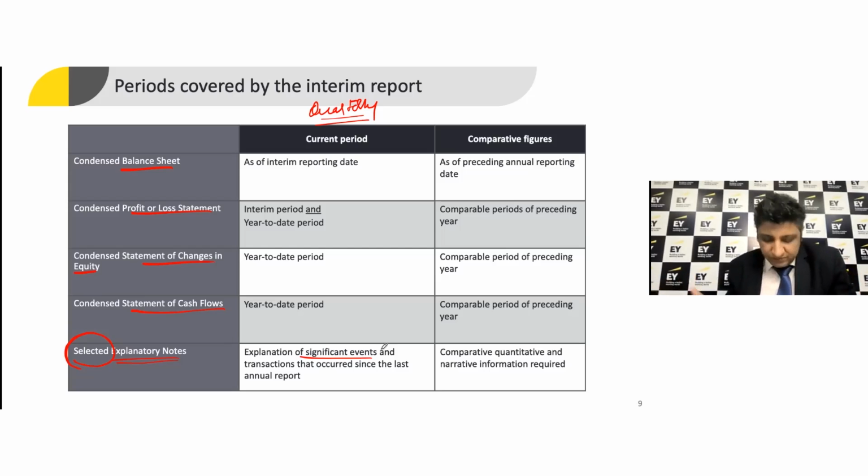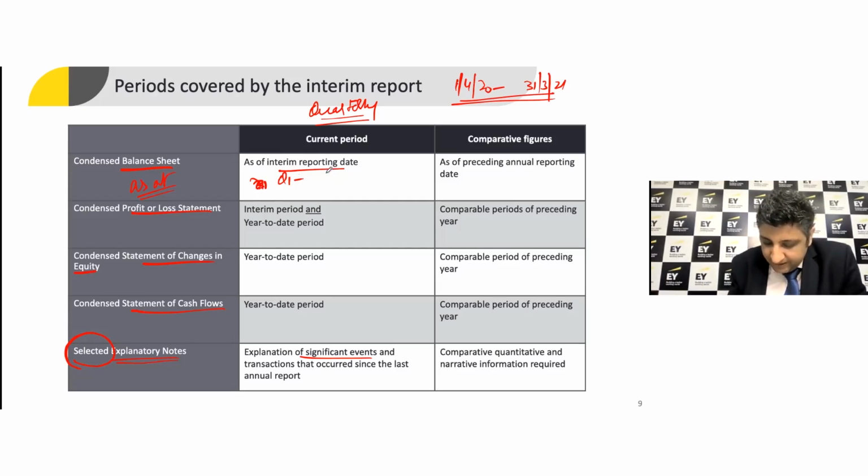Of course, we understand that the balance sheet is always as on date. If I look at my year end date, my complete year is starting 1st of April 20 to 31st of March 21. And I'm looking at my current period, let's say my quarter one. So my balance sheet has to be as on 30th of June 20.